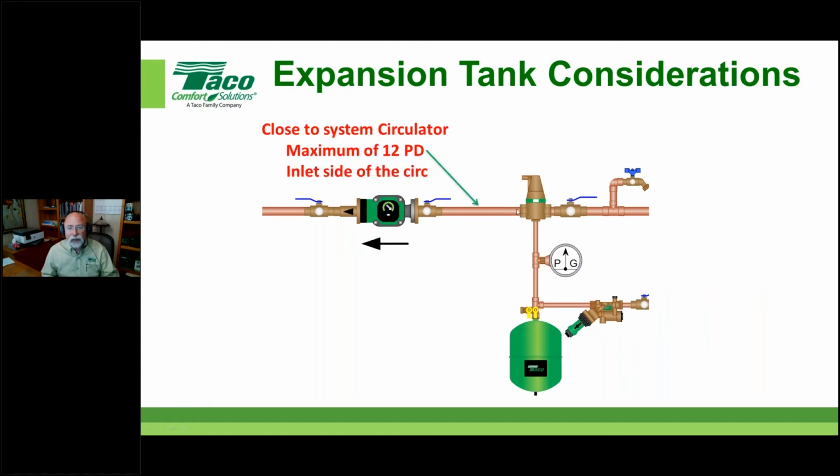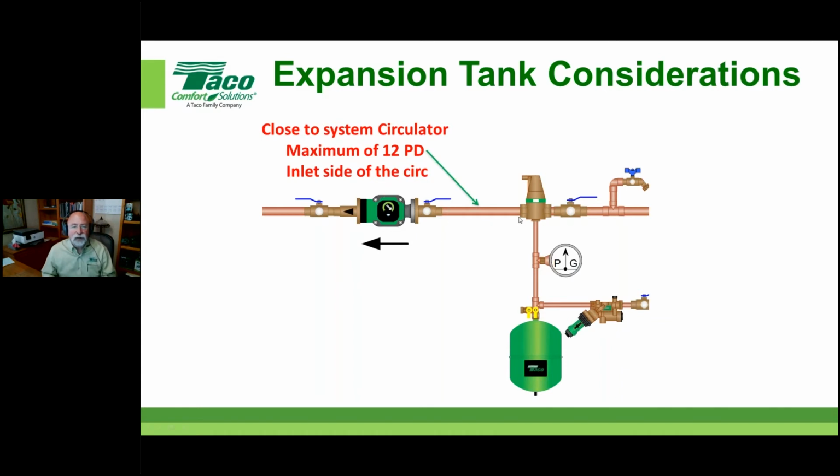We'd like to say about 12 pipe diameters. So if I get a nice long piece of pipe here, I don't want it to be too long when it's associated with the point of no pressure change. We want a maximum of about 12 pipe diameters from that point. The reason is, if we have flow going across this line, we have some additional pressure drop from this point to this point.